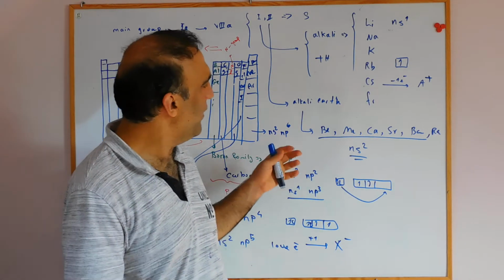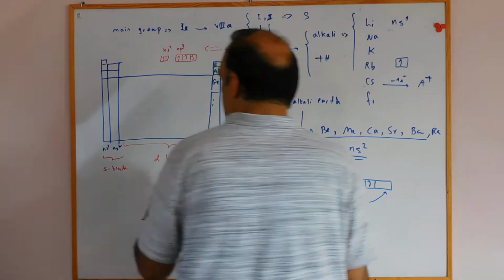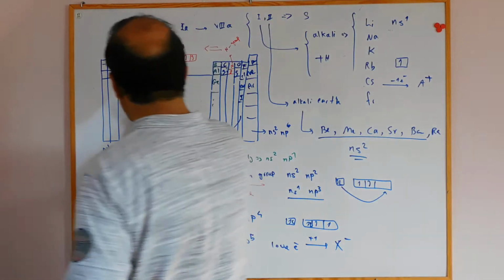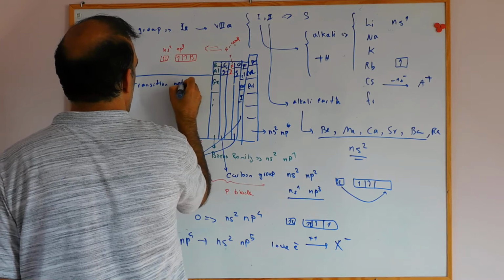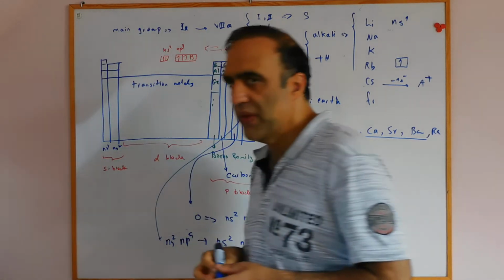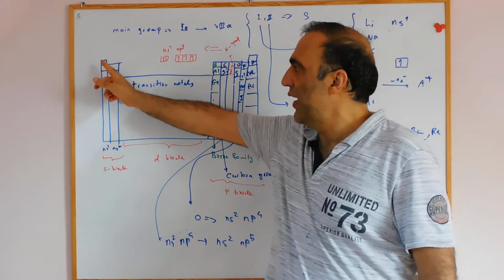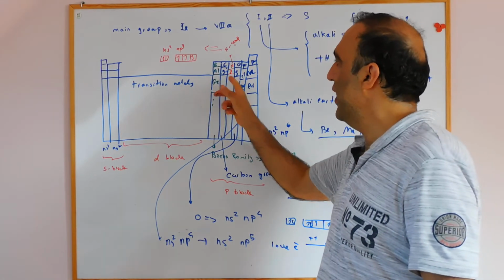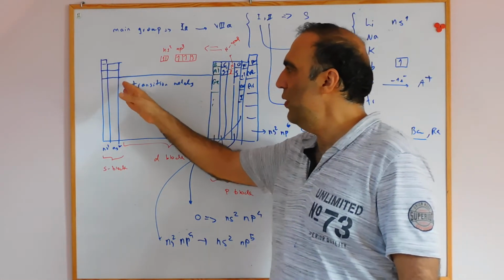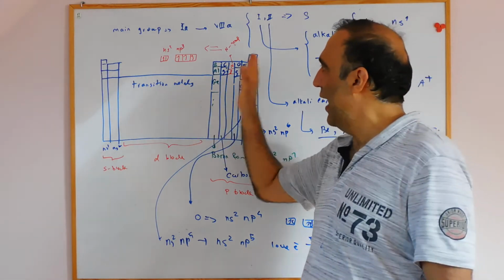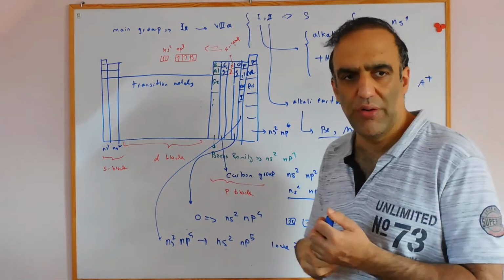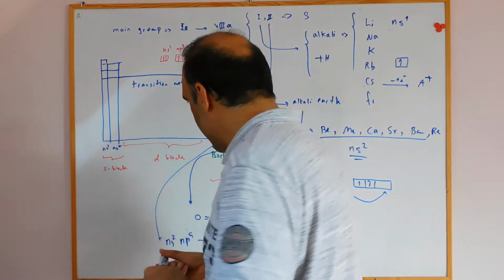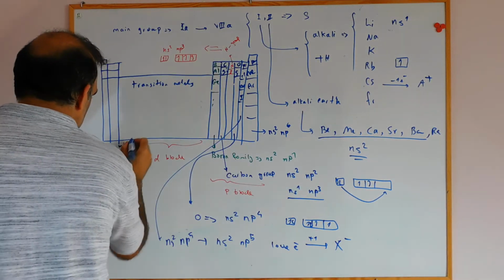And as you see, in the middle we have the d block or transition metals. We can say 1A, 2A, 3A, and so on, or we can say 1, 2, and here is 10, and we can go until 18. But it's the d block, it is transition metals, and also we have the f block from here.